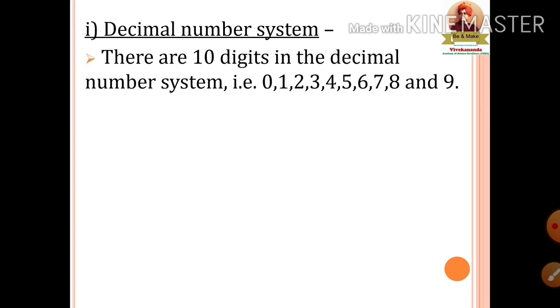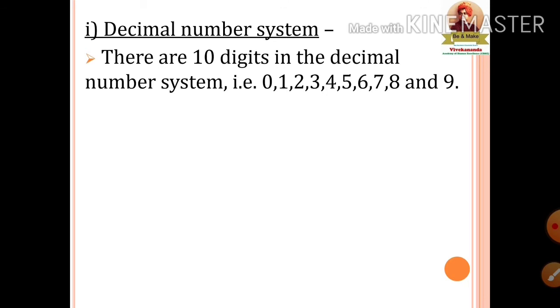Now in the decimal number system there are 10 digits, represented from 0 to 9. So the numbers 0, 1, 2, 3, 4, 5, 6, 7, 8 and 9 are the digits which are included in the decimal number system.